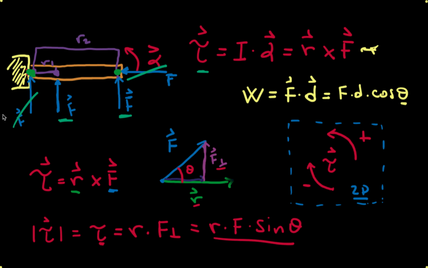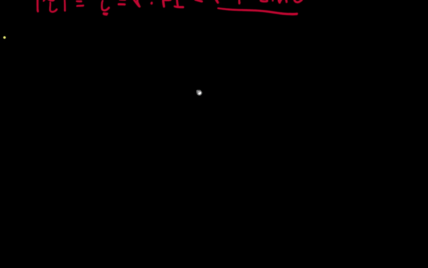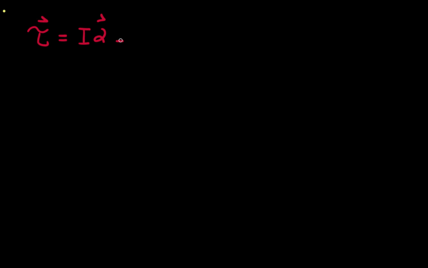All right, so let's add another layer to this. So resuming what we just talked about in the previous board up there, torque is the moment of inertia times angular acceleration, which can also be expressed by r cross F. And the amount of torque here, to get rid of this pesky cross product, is the distance from the pivot to the point in which the force acts multiplied by force multiplied by the sine of the angle.